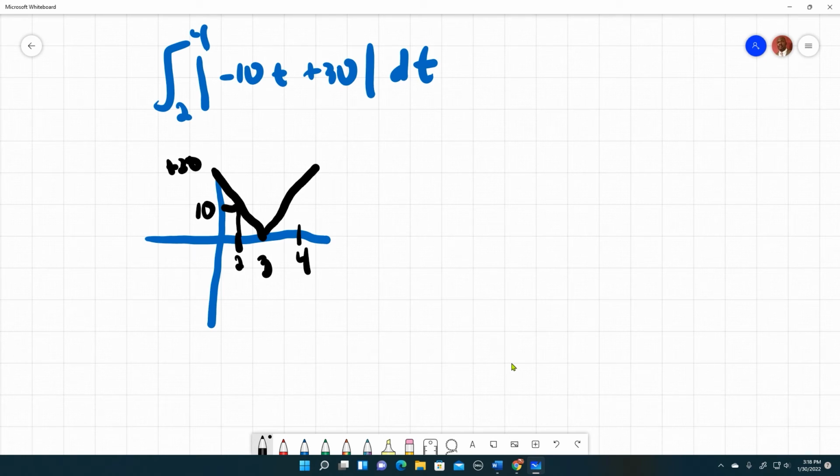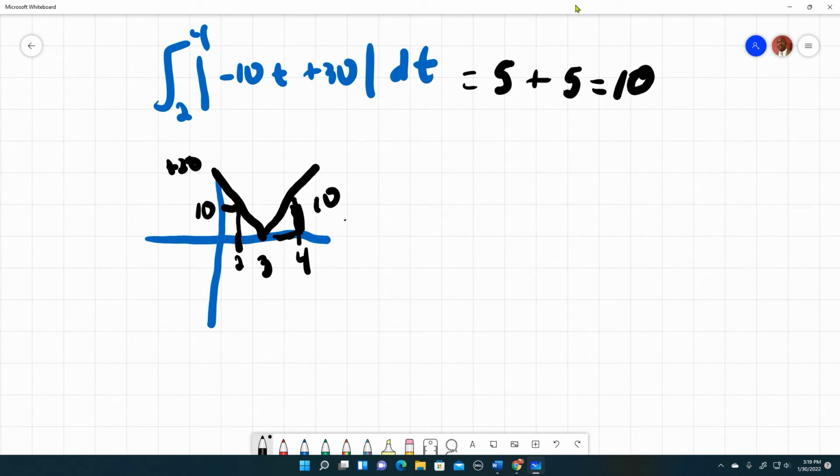The absolute value of negative 10 is 10. So what I have are two triangles that have a base of 1 and a height of 10. Area of a triangle is base times height divided by 2. So the area of each triangle is 5. And so this integral is 5 plus 5, which of course is 10.